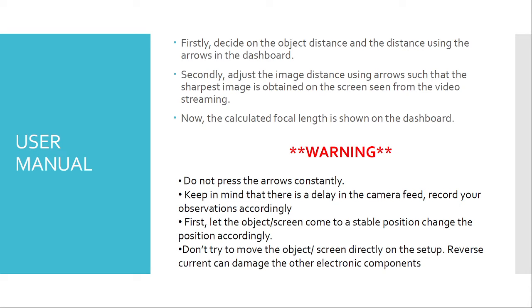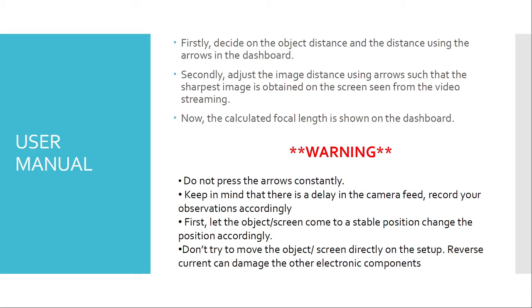And here are some warnings for using the setup. We shouldn't press the arrows constantly, as that could damage the stepper motors and the circuitry because of the high current value and heat. The camera feed that is running on Blynk is a little bit delayed compared to the real action.